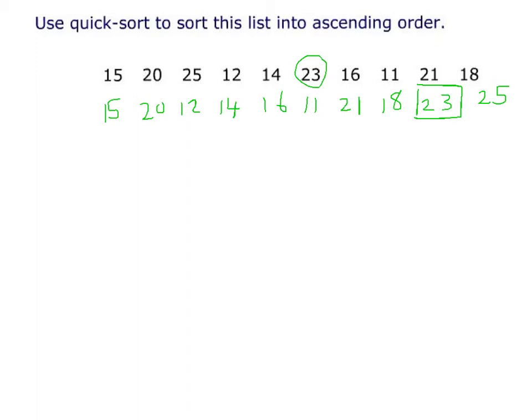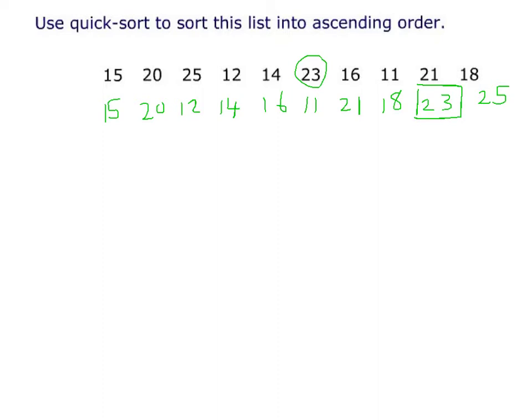We now need to look at the two sublists that we've created. We have a list of numbers before the 23 and we have a list of numbers after the 23. Now if I start after the 23, we only have one number. And if you look back to the summary on the slide before, if a sublist contains only one item, then it doesn't need to be sorted any further.